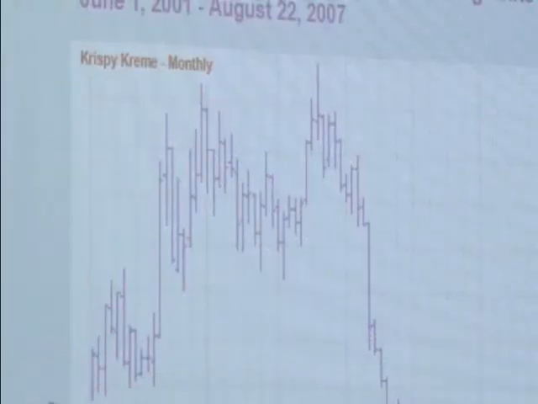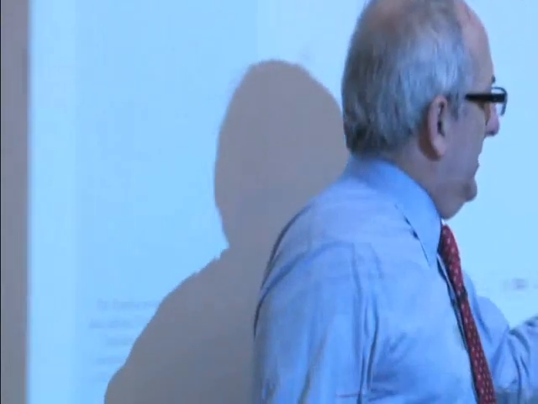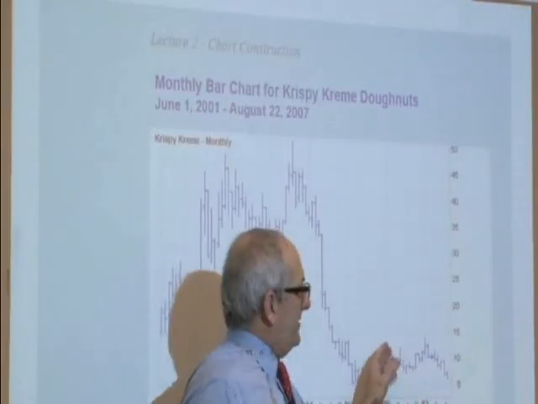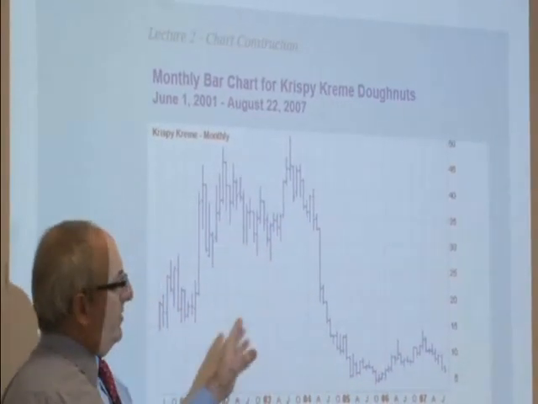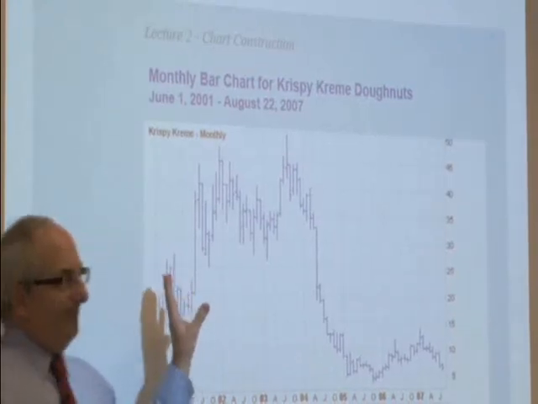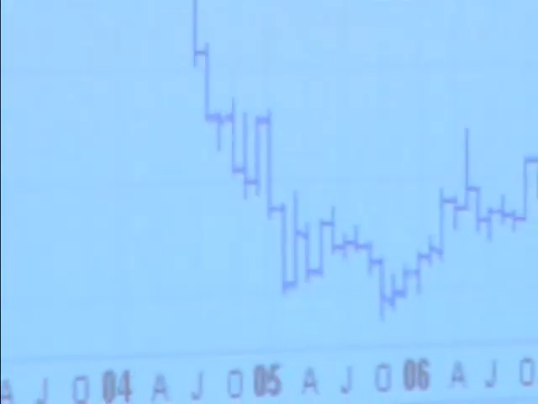The daily chart only covered about this much because the horizontal scale gets you only so many marks on the chart. So if you're looking at a monthly chart, you see a lot more history than on the daily chart, but the idea is the same. You're getting the open, high, low, close for each period in question.